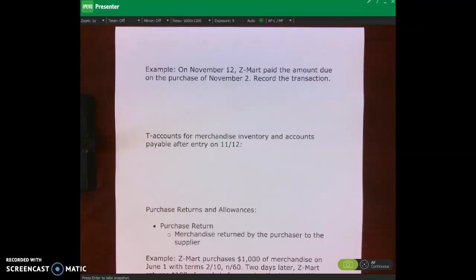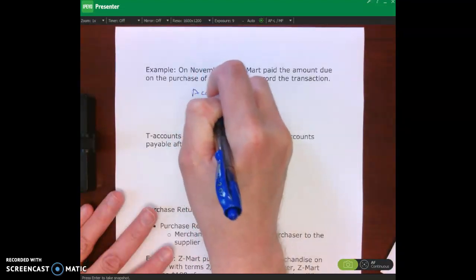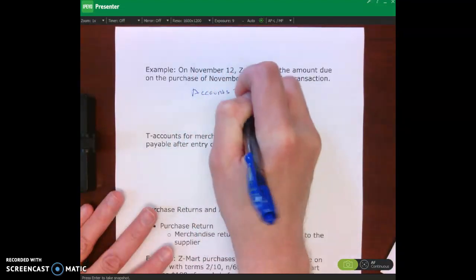And what is the amount of the discount? It's 2%, which means we paid 98% of the $1,200. Okay, so we'll come over here and we're going to debit our accounts payable because we're paying it off.